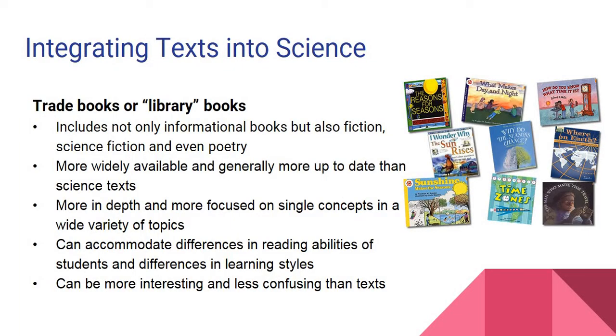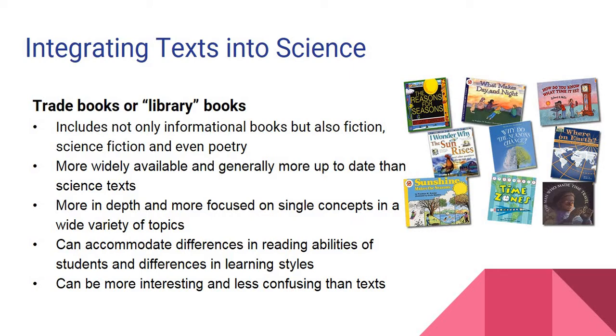Another type of text that can be integrated into science instruction is the use of trade books. Trade books include not only informational books, but also fiction, science fiction, and poetry. They are generally more widely available and up-to-date than a science textbook, and are often more in-depth and focused on a single concept rather than a wide variety of topics, whereas a textbook will focus on multiple concepts.